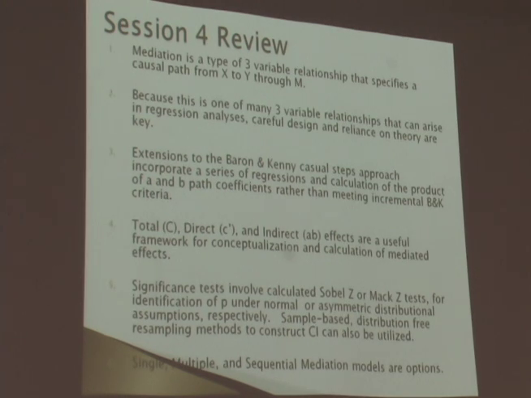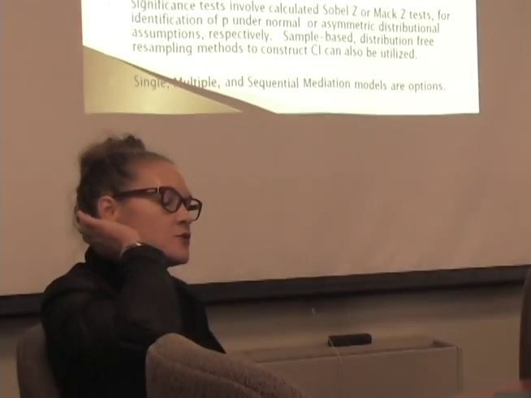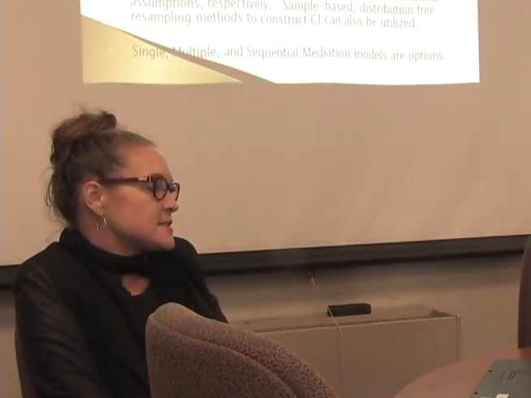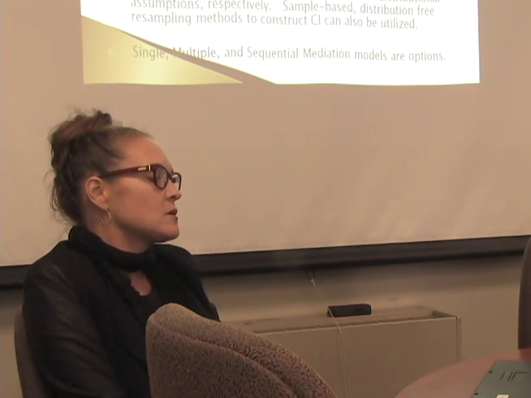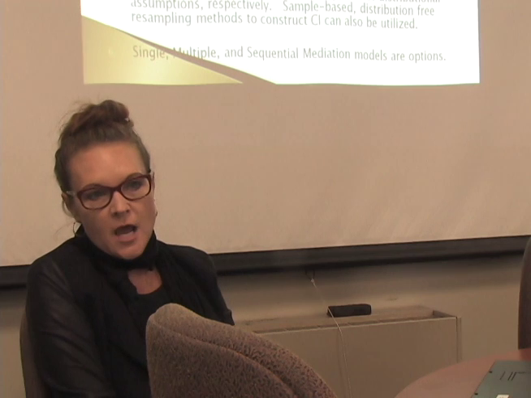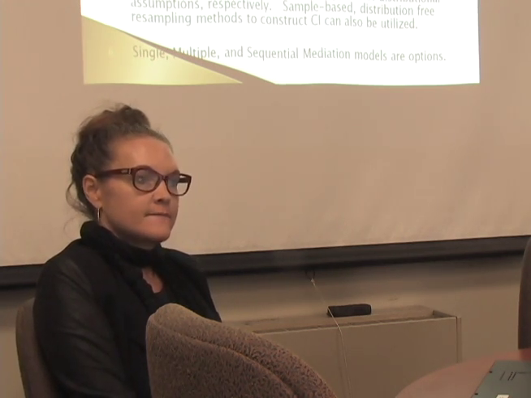There's the MacKinnon z-test, the asymmetrical distribution for looking up the significance of a particular AB coefficient value, as well as sample-based bootstrapping methods for constructing confidence intervals for the indirect effect. And single, multiple, and sequential mediations are options. We did a single and a sequential mediation model last week, and we're actually going to extend that this week.